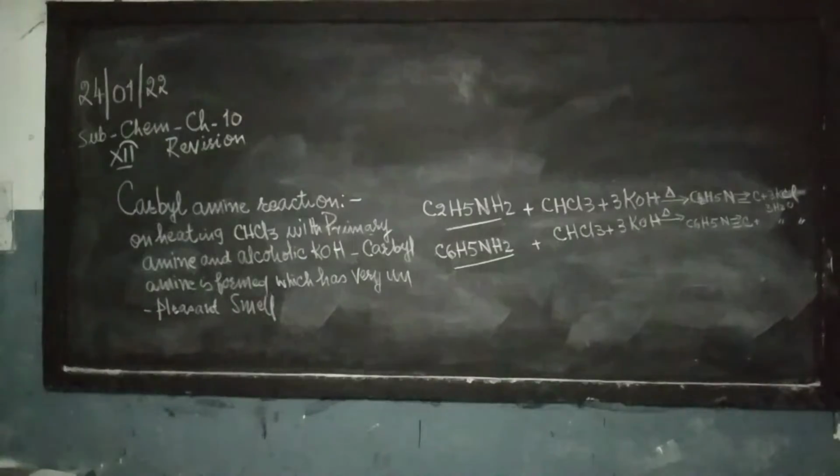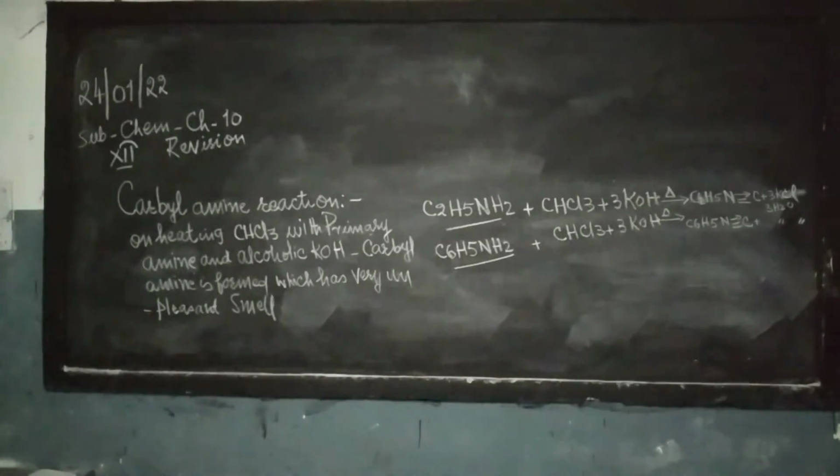In case of aliphatic, it is ethylamine. In case of aromatic, it is aniline. Plus CHCl3 plus 3KOH in both cases. And on heating, we are getting C2H5N, coordinate bond, double covalent bond, C, and this is ethyl isocyanide.